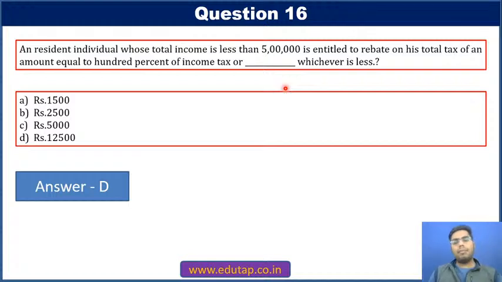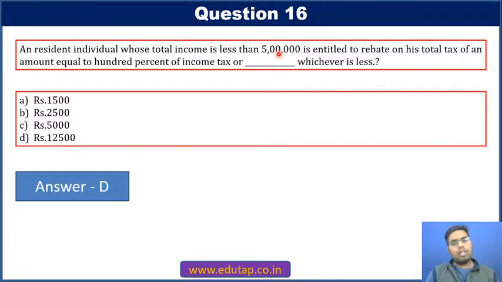So there was an amendment. Yesterday what I taught you was for the previous year, and for this current year the amount is 5 lakh. If your income is less than 5 lakh, then you shall be getting a rebate of 12,500 on your total taxes. Clear?